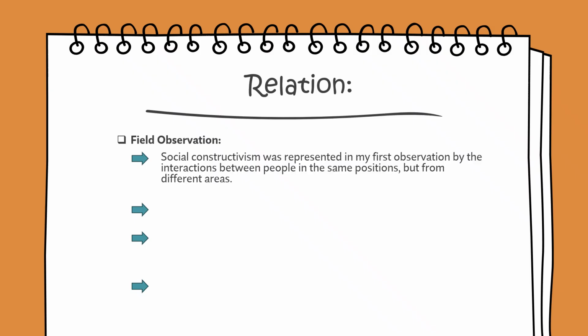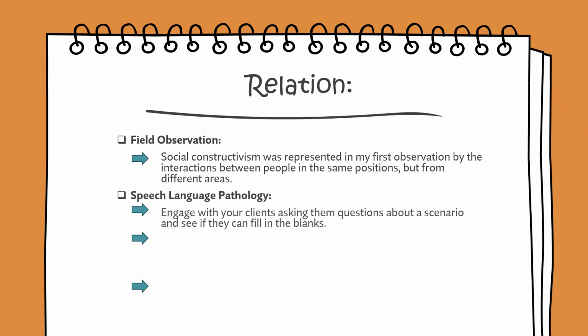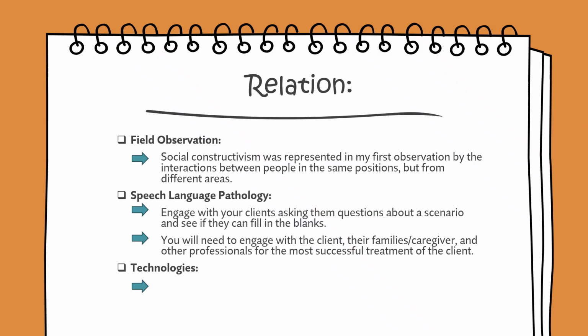So I wanted to relate this to my field observation project. Social constructivism was represented in my first observation by the interactions between people in the same positions but from different areas.